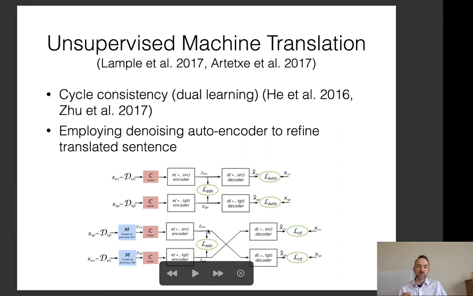So basically what this is saying is we convert the target to the source to the target, and we want to compare the similarity between the sentences in this round trip direction.